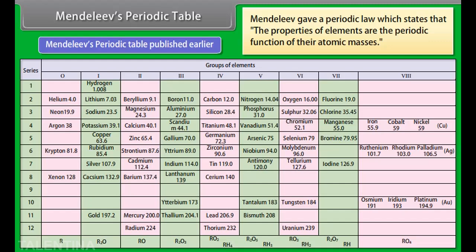Mendeleev left certain vacant places in his table, which provided a clue for the discovery of new elements. Some of the properties could be predicted with fair accuracy. For example, both gallium and germanium were not discovered at the time when Mendeleev proposed his periodic table. Mendeleev named these elements eka-aluminium and eka-silicon respectively. Number 3. With the help of this table, doubtful atomic masses of certain elements were corrected.